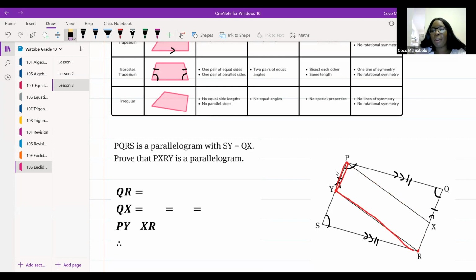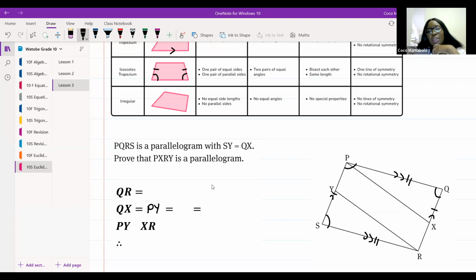But we know a couple of things about diagonals, and about the sides of each of these. What can we say about this? Remember, it says QX is equal to PY. I don't think that's going to help us in this case, but it could.